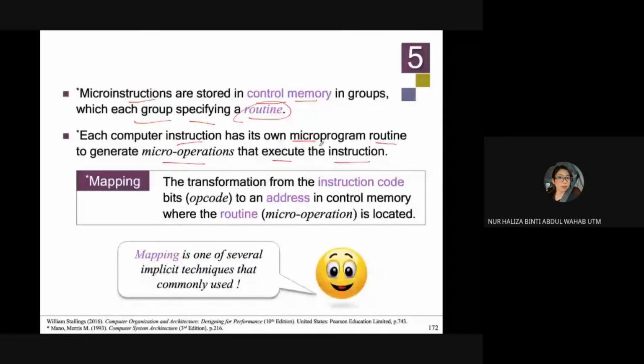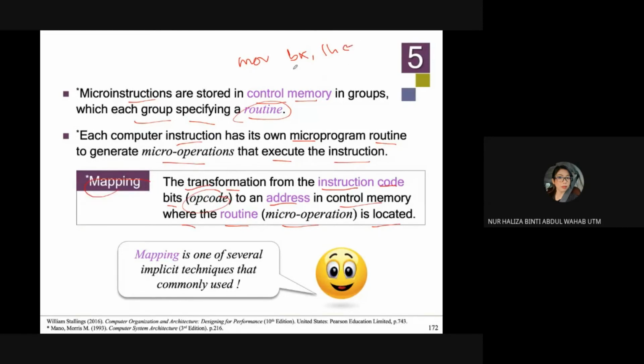Mapping is the transformation from the instruction code bits, your opcode, to an address in control memory where the routine micro operation is located. Let's say you have this kind of instruction. Then you are going to transform using a mapping to an address.